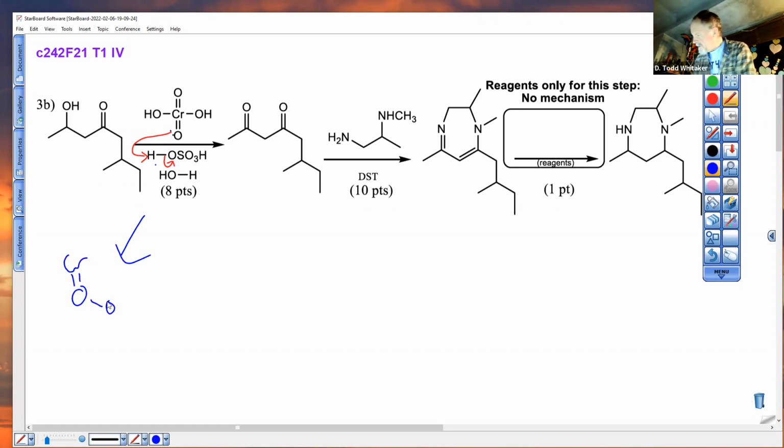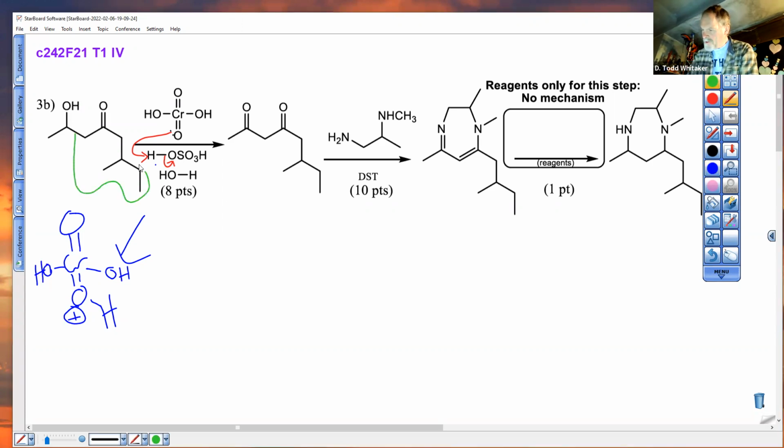And it's got, whoa, it doesn't have O, it has OH, with a plus charge. An OH here, OH there. It's activated towards attack by the alcohol. The alcohol is the only thing changing.